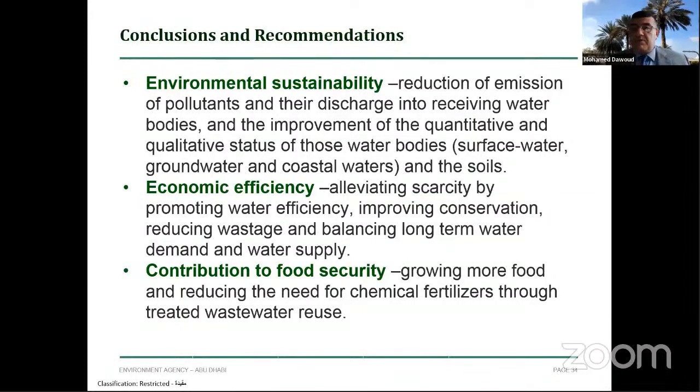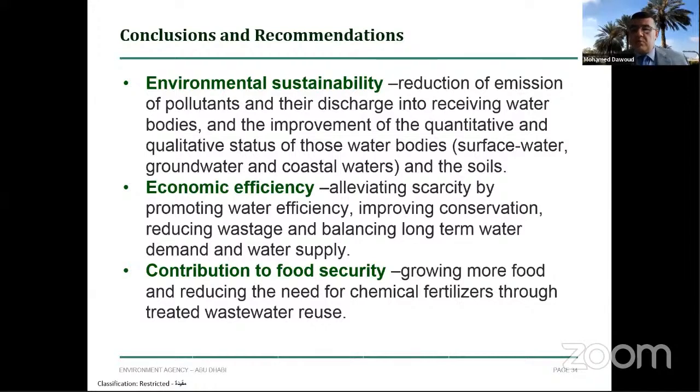For instance, in Abu Dhabi Emirate, we have some water resource valuation, which indicated that groundwater costs us between 5 to 7 dirham, which is something like $1.5 per cubic meter, compared with $2 plus for desalinated water, and about $1 or less for treated wastewater. So it is economically viable to use it.